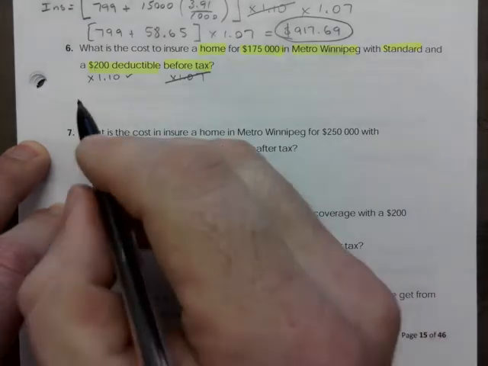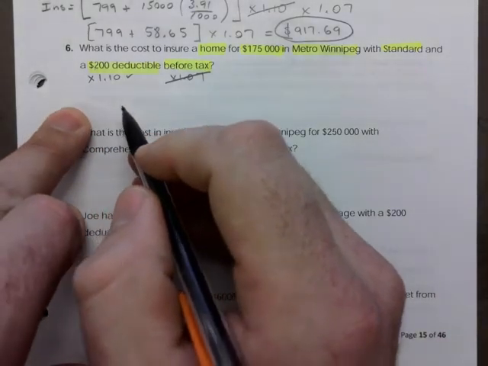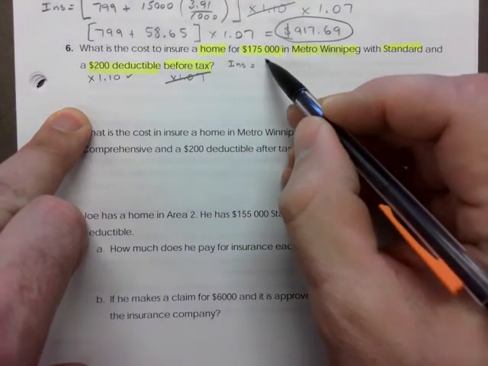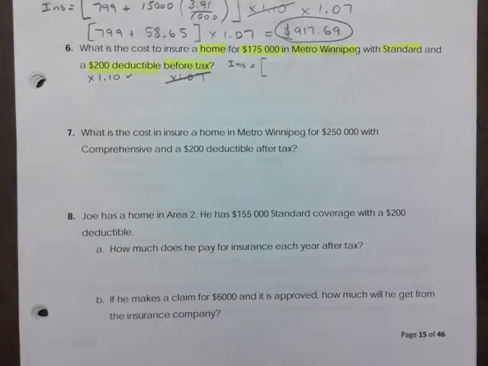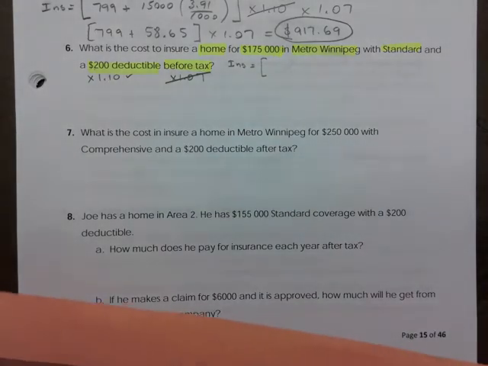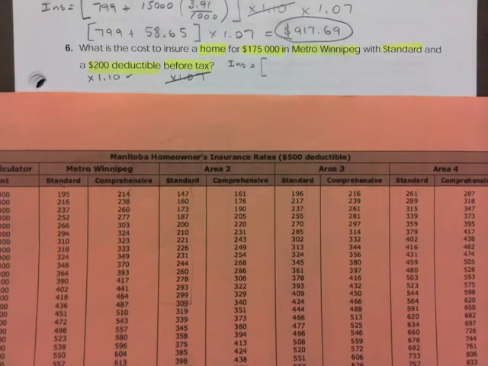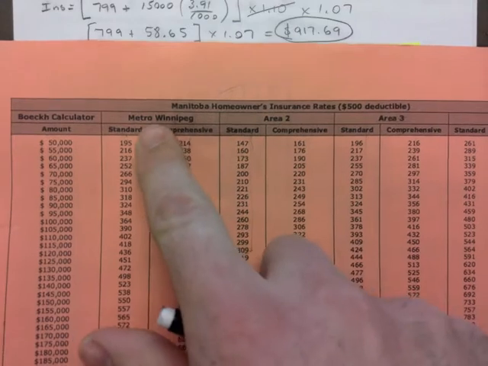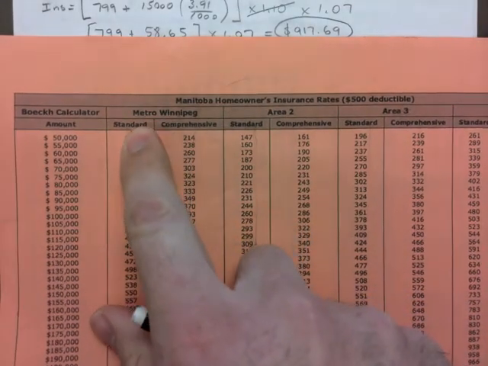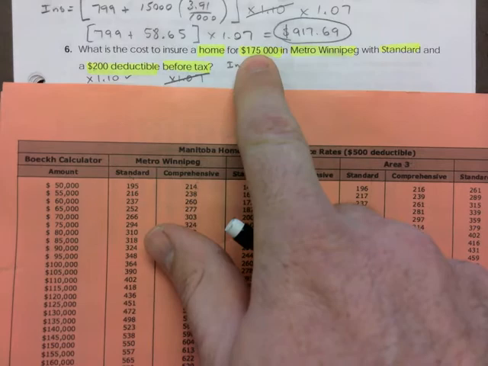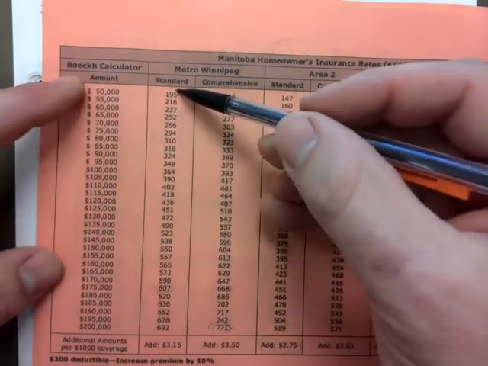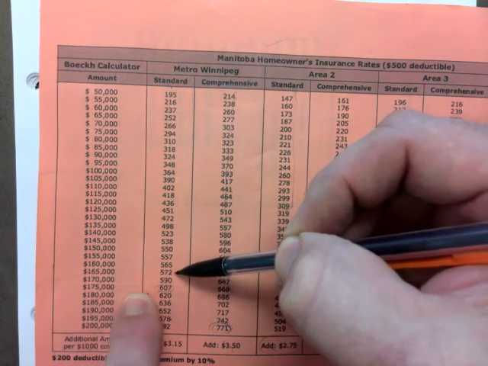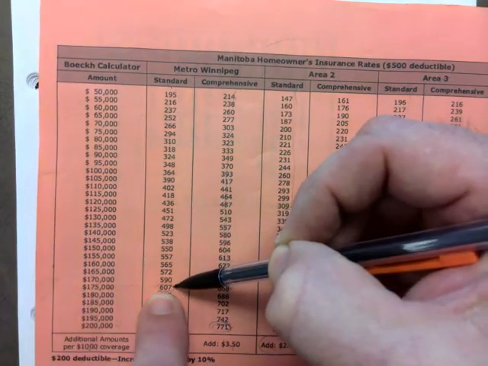And now we are going to figure this out, okay? So I'm going to do that here. Insurance, square bracket. So I'm now focusing on the fact that I need to use the big table here. It's in Metro and I'm taking standard insurance. Okay, Metro, you go to standard and we want 175,000 worth of coverage. So you kind of go down and match. 175 is right here, and so it's 607 is what you're after.